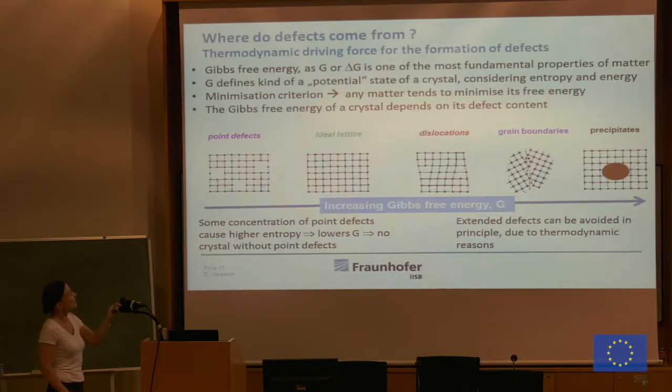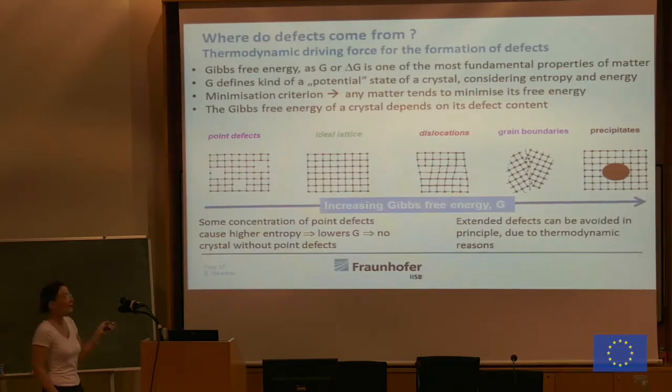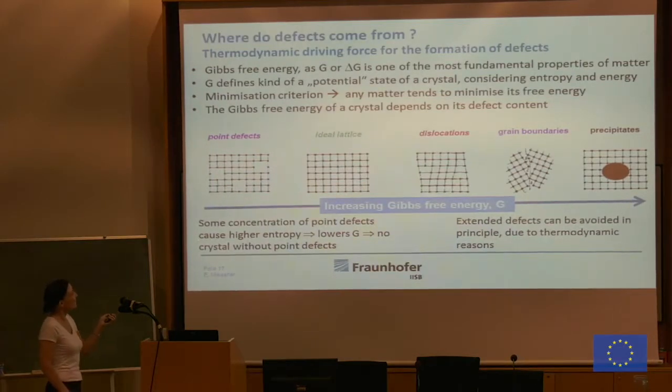So the Gibbs free energy of a crystal depends on its defect content. And you see that if you put these in a row with increasing Gibbs free energy, the point defects lie on the very left side, left of the ideal crystal. It means that some concentration of point defects mediates the Gibbs free energy in such a way that the crystal feels happy. It causes a higher entropy, and in turn it has a lower Gibbs free energy.